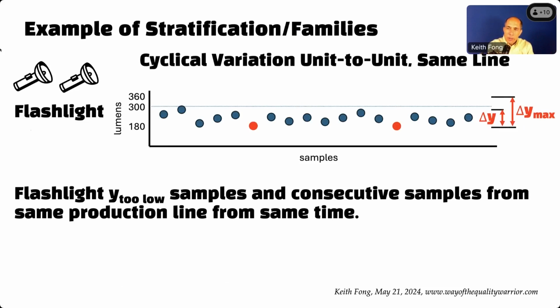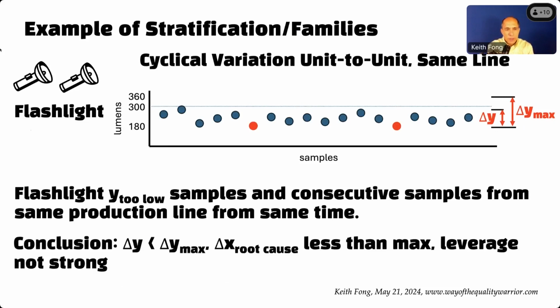So we can see here that the delta Y that we see is a little more than half the total variation, but it's not close to being the delta Y max. So there's something here, but not enough. So our conclusion is the delta Y is less than the delta Y max. That means our delta X root cause is less than it could be. So we don't have really good problem solving leverage.